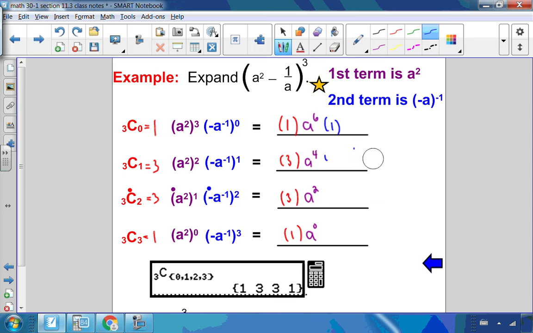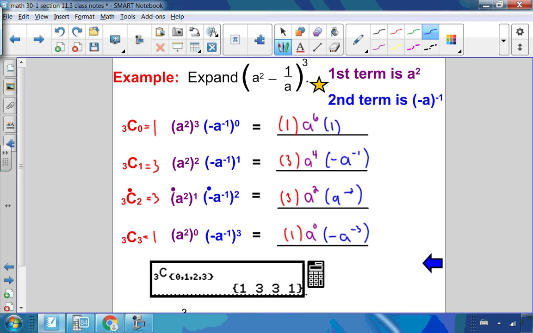Let me write that again. So negative a to the negative 1, 1 times negative 1. A negative squared is a positive, and it's going to be negative 1 times 2, negative 2. And then a negative cubed is negative, and negative 1 times 3 is negative 3.